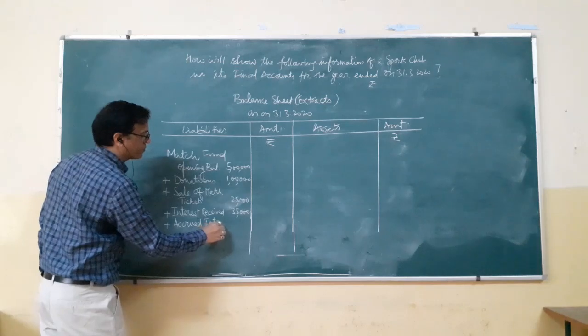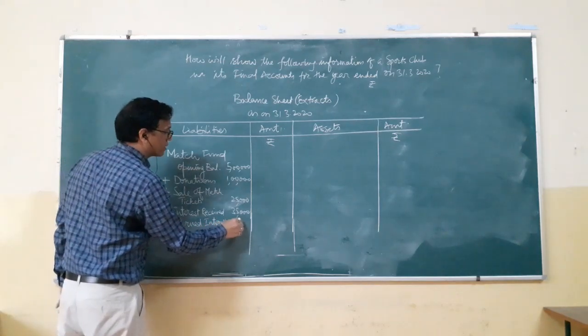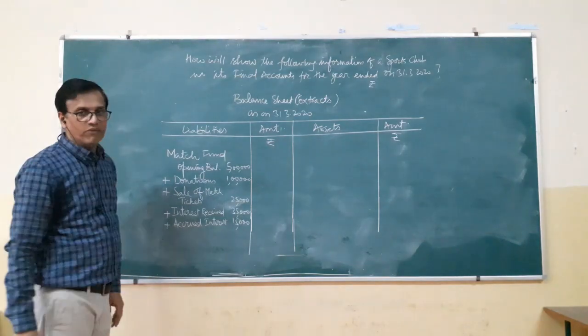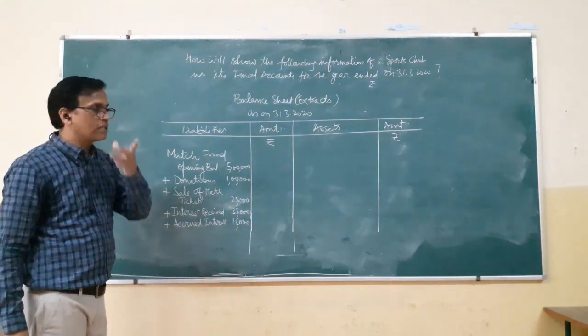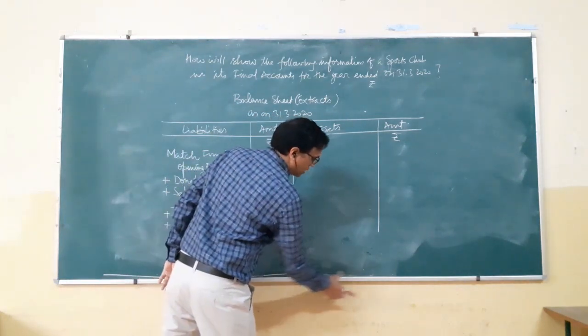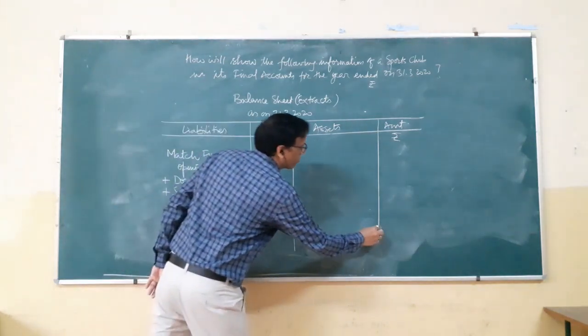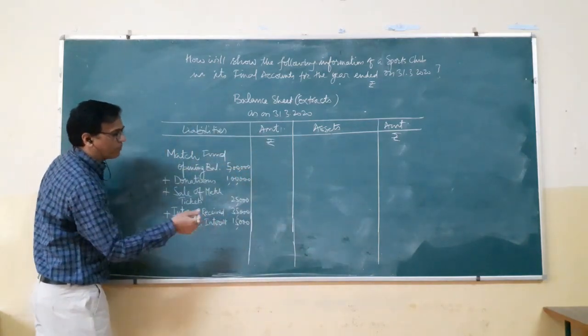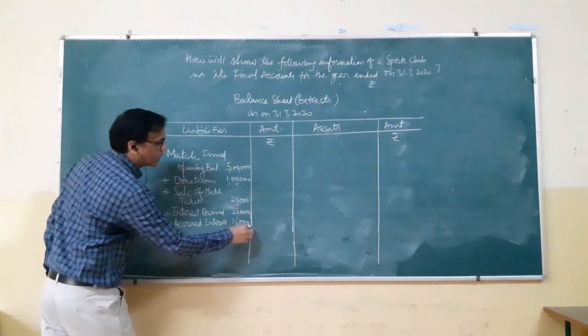How did we calculate the 15,000 accrued interest? 5 lakh rupees is our match fund investment. 10% is given, which means 10% is the rate of interest on that investment. We should receive 10% this year, 50,000, but we received only 35,000. So the balance, 50 minus 35, 15,000, is our accrued interest.